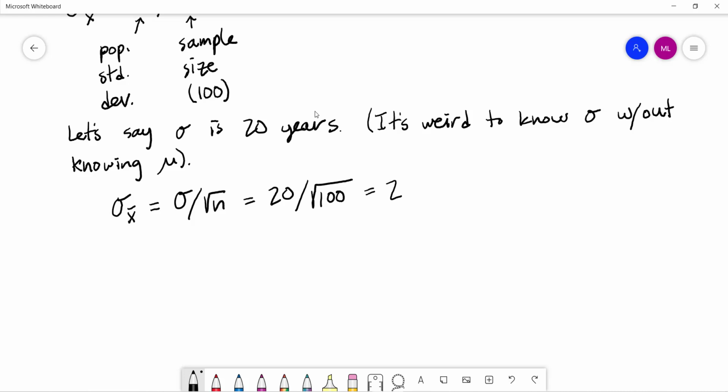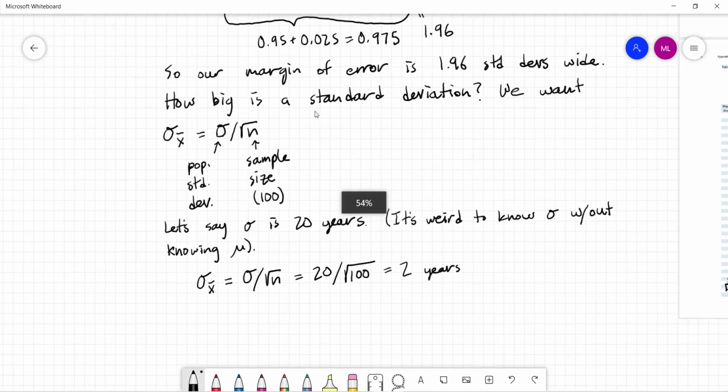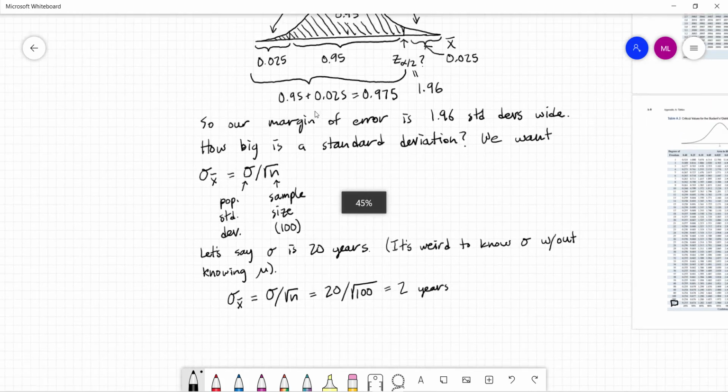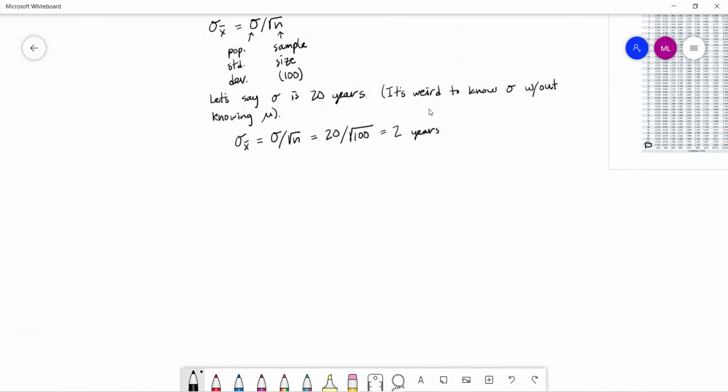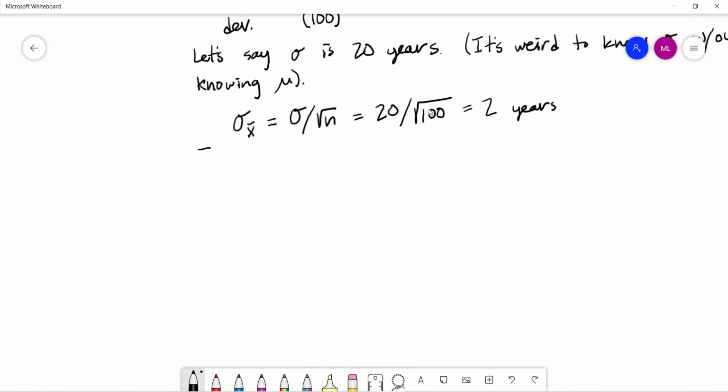So our sampling distribution has a standard deviation, sigma x bar, of 2 years. And our margin of error needs to be 1.96 standard deviations. The margin of error, m, is 1.96 standard deviations.